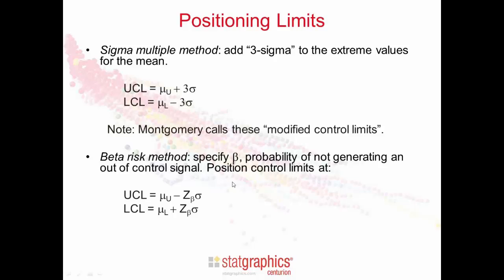And in that case, you put the upper control limit at the highest acceptable mean minus some multiple of sigma, and the lower control limit at mu sub l plus that multiple of sigma, where this multiple of sigma ensures that we will get an out-of-control signal all but beta percent of the time. Beta is the probability of not getting the signal.